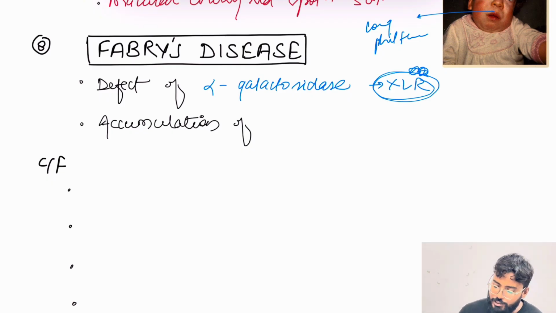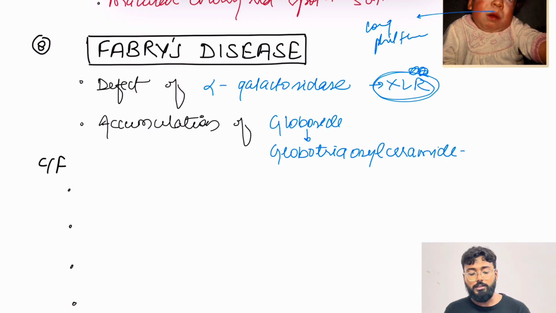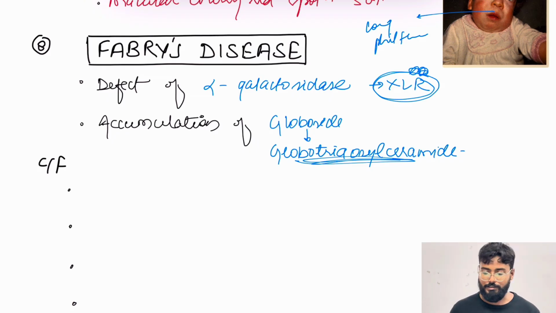There is accumulation of globoside, that is your globotriaosyl ceramide. This is a type of globoside which is going to get accumulated in case of Fabry's disease.